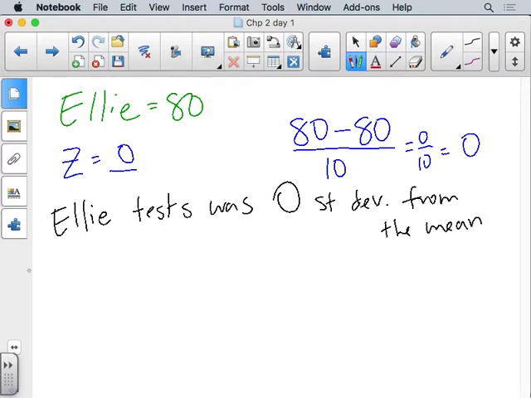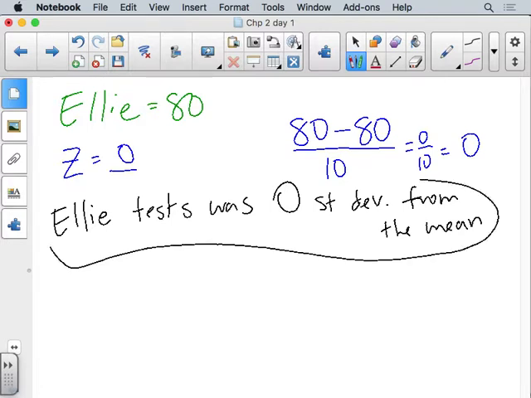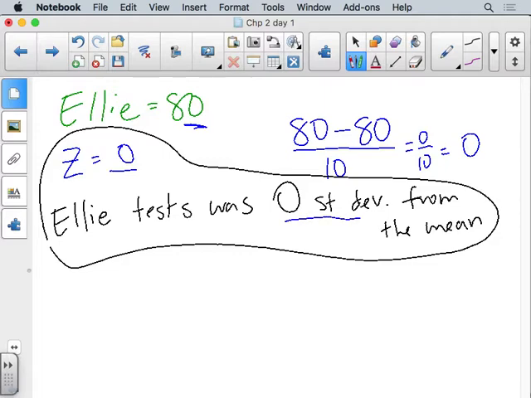Okay, so if you think about it, of course I did this one on purpose. Ellie, if she is the average, Ellie scored the mean number. So of course she is going to be 0 standard deviations from the mean if she is equal to the mean.